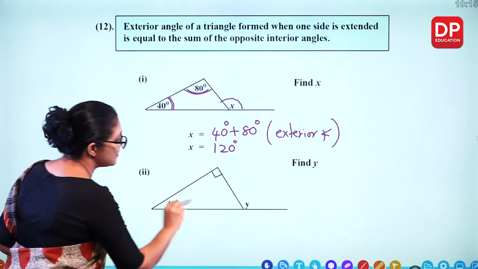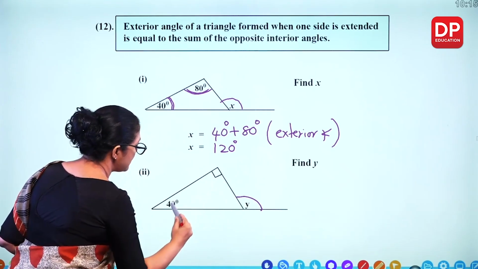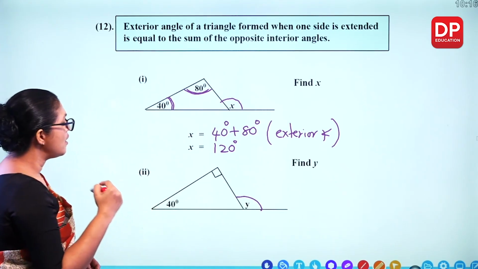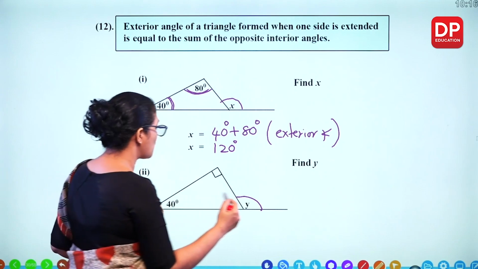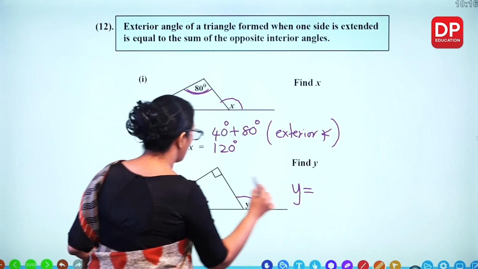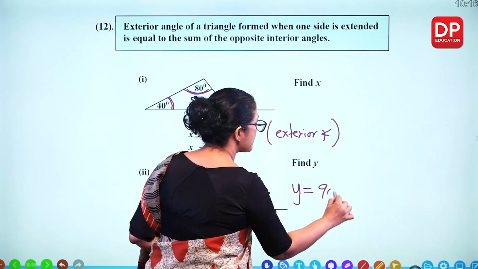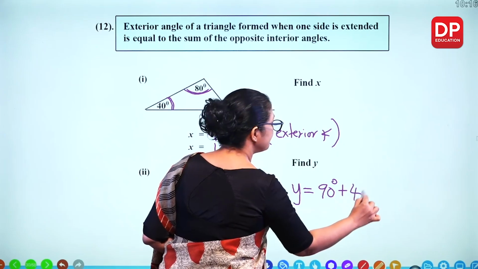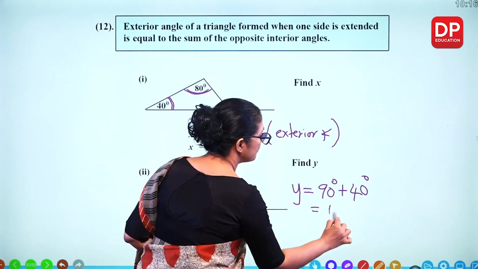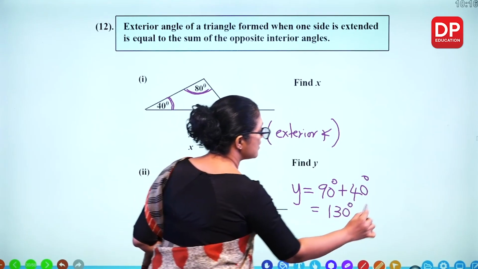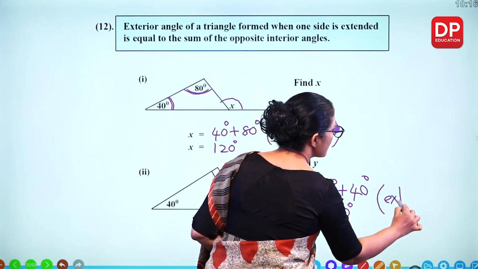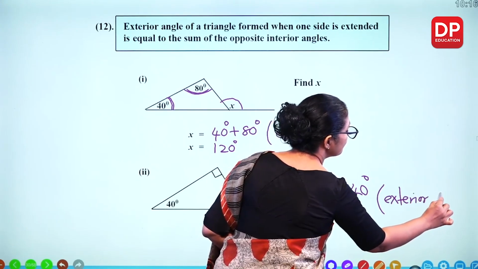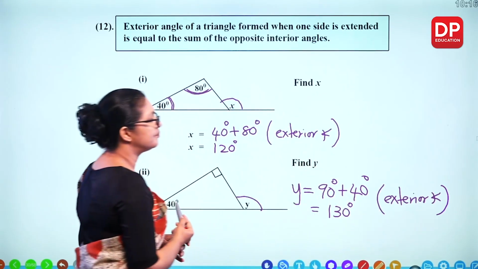This one is the exterior angle. That's equal to the sum of the opposite interior angles. So what's y? y equals 90 plus 40, 130, because of the exterior angle.